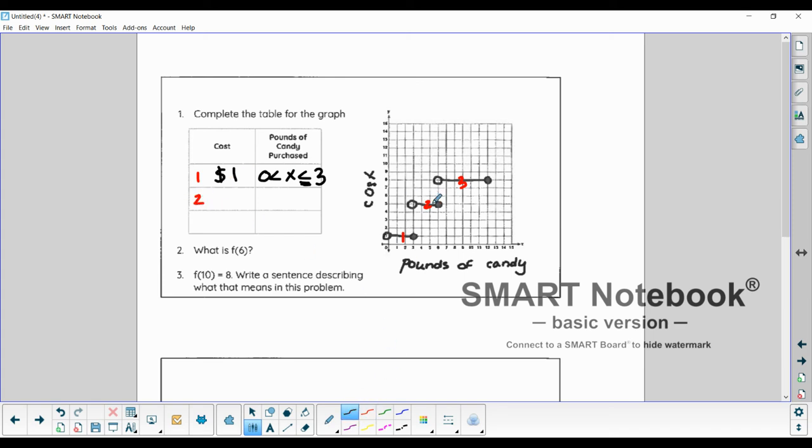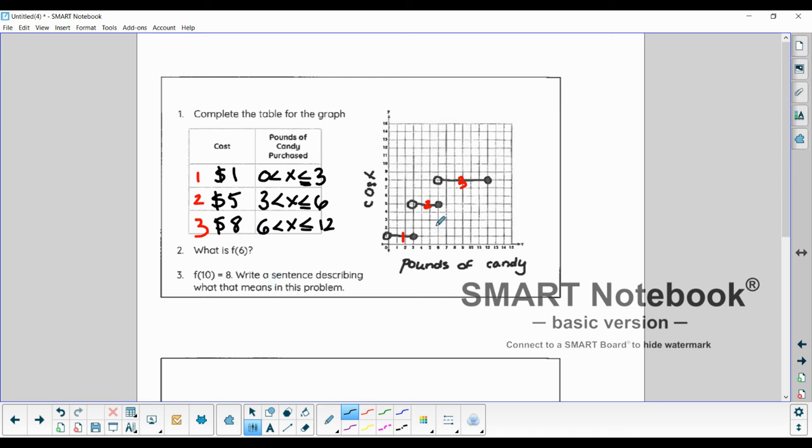My second step has a cost of $5 when the weight is between 3 and 6 pounds. And then the third step has a cost of $8 when the weight is between 6 and 12. Again, the equal to symbol goes on 12 because that's a closed circle.